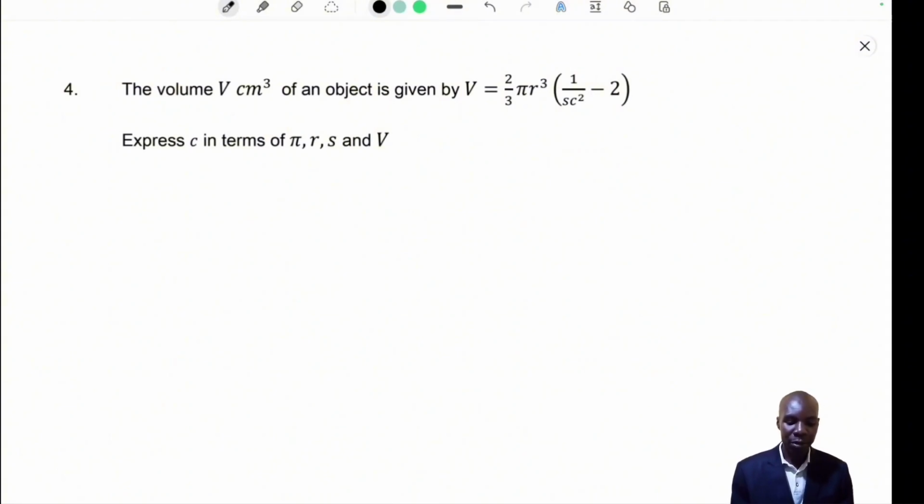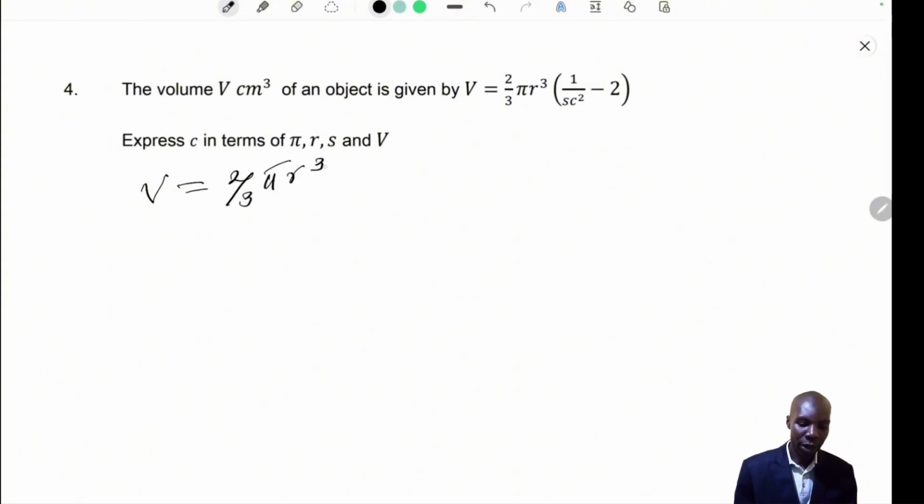Express C in terms of pi, R, S, and V. So we are given the formula V equals 2 over 3 pi r cubic in bracket 1 over SC squared minus 2. We want to make C the subject of the formula.